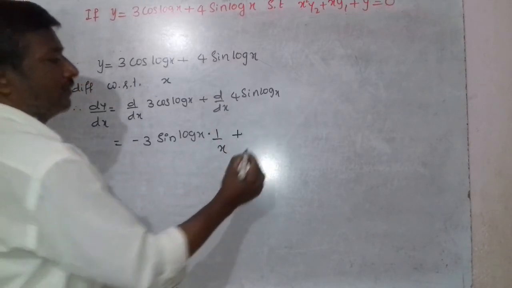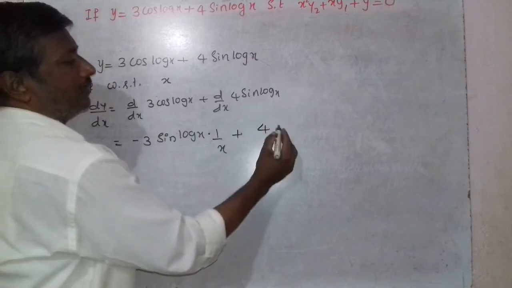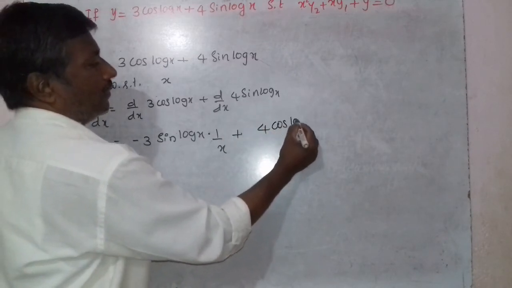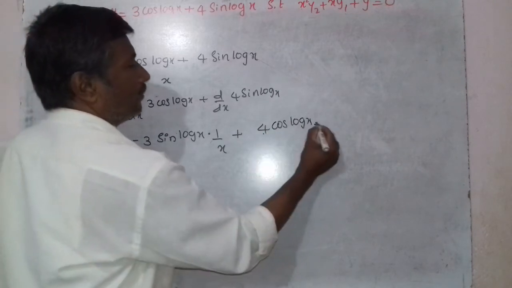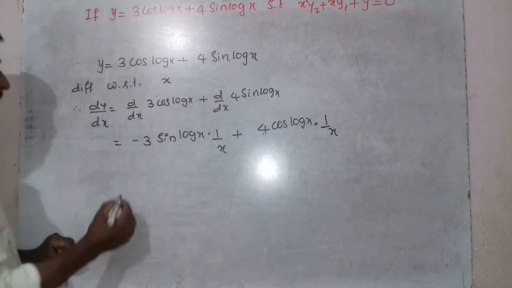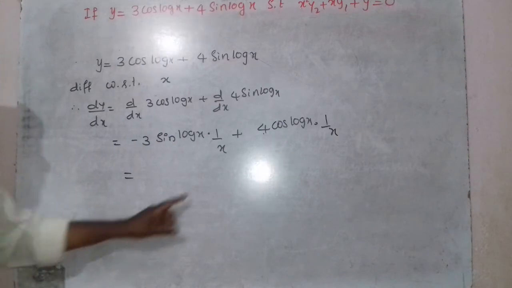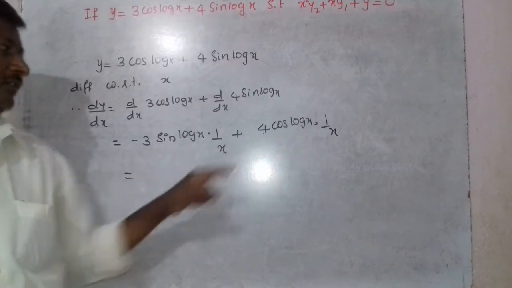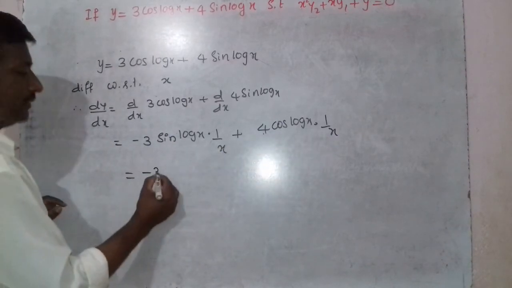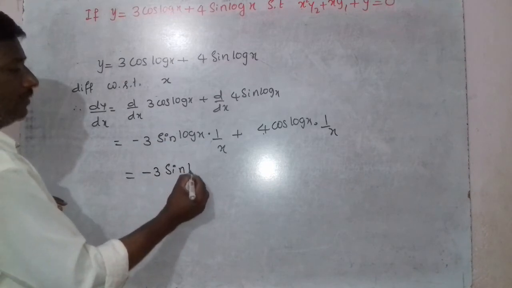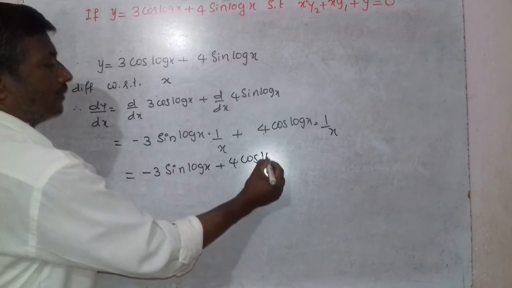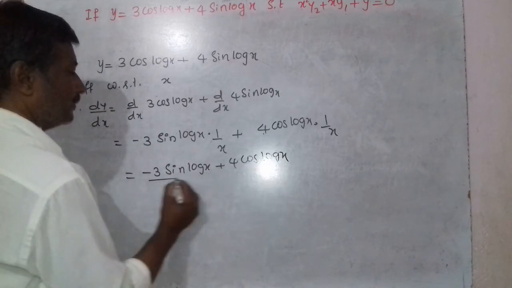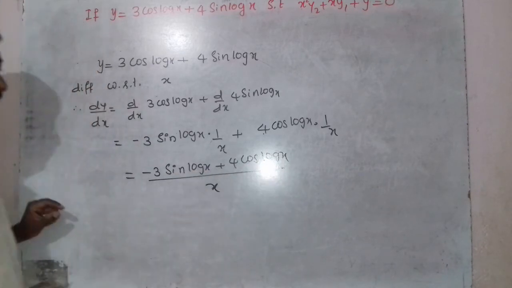Similarly plus 4 derivative of sin is cos log x into 1 by x. This equal to, since LCM is same here, minus 3 sin log x plus 4 cos log x, divided by x.